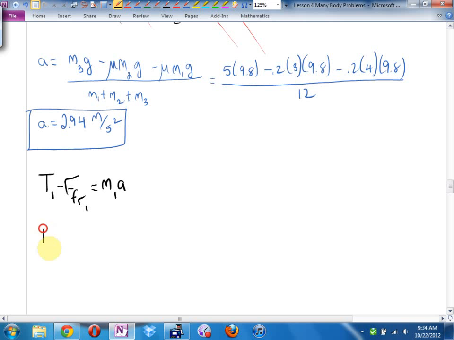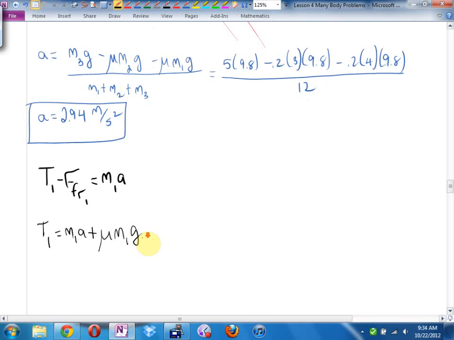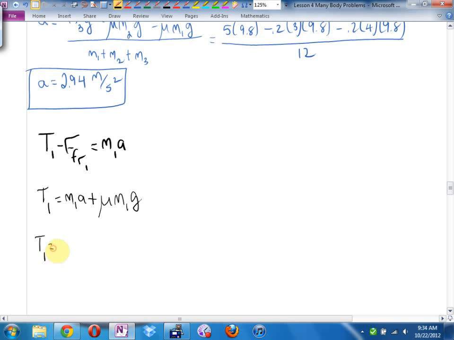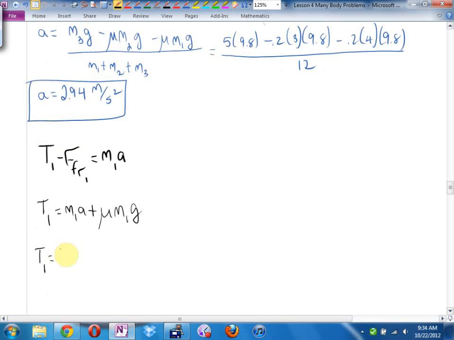My equation is going to be tension 1 equals M1A plus friction 1. Oh, friction is what times what? Mu times the normal force. I don't know the normal force. Look, I know the force is the same size as the normal force. I think I can say plus mu M1G. Tension 1 is going to be, what was mass 1? 4 times 2.94 plus 0.2 times 4 times 9.8.